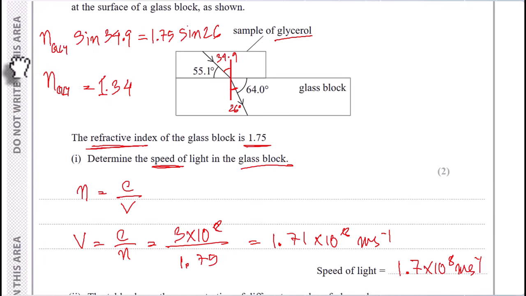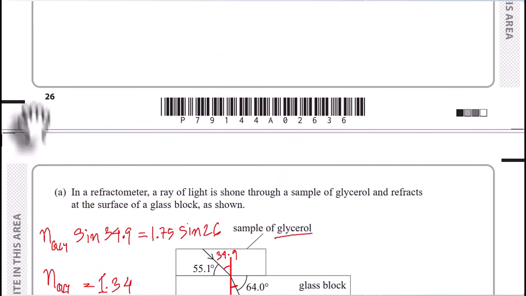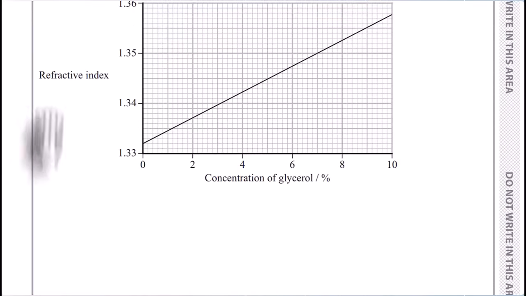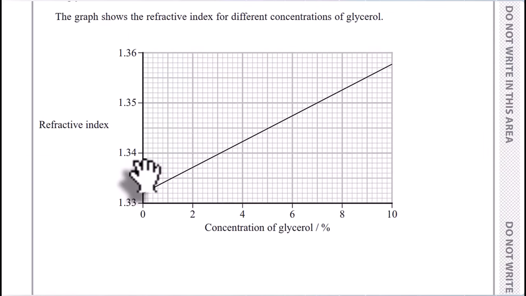Now you go up and check in the graph that 1.34 corresponds to which concentration. So I do have 1.34, the exact value. You go to the right and you see this, right?